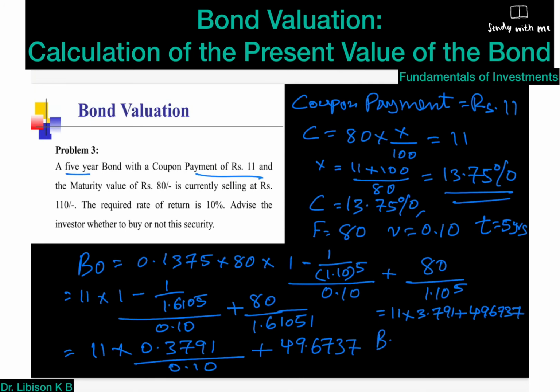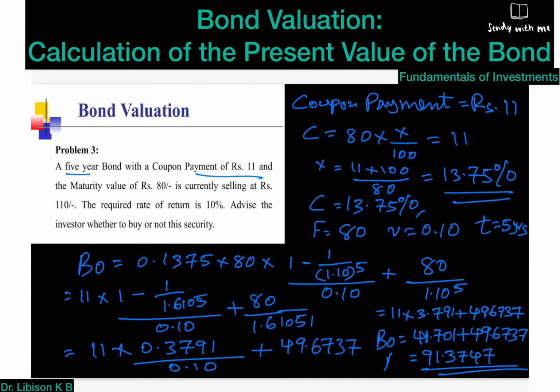So the final answer will be 41.701 plus 49.6737, that is 91.3747.